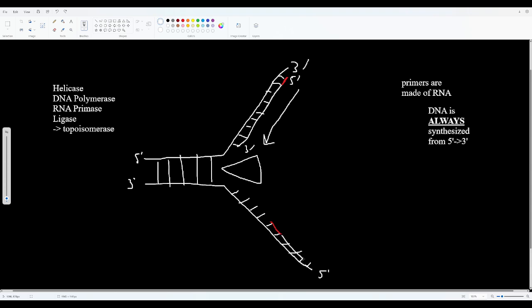We make more that way, and then more of the DNA is opening up, so we have to do it again. RNA primase makes the primer here, and then DNA polymerase attaches here and makes more of the nucleotides, just like that.